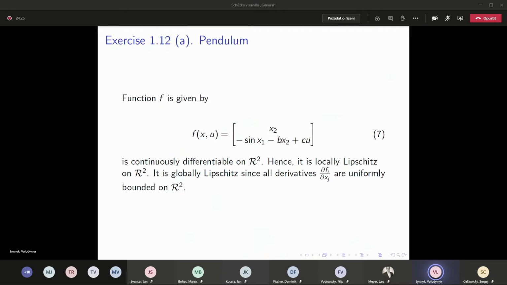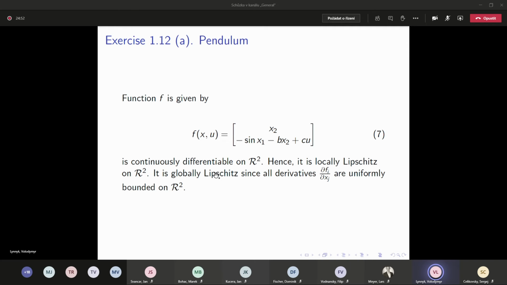The next example is from an exercise from the Khalil book, and function phi is a pendulum. Function phi is given by the next equation: x1 dot equal to x2, x2 dot equal to minus sine x1 minus bx2 plus cu.